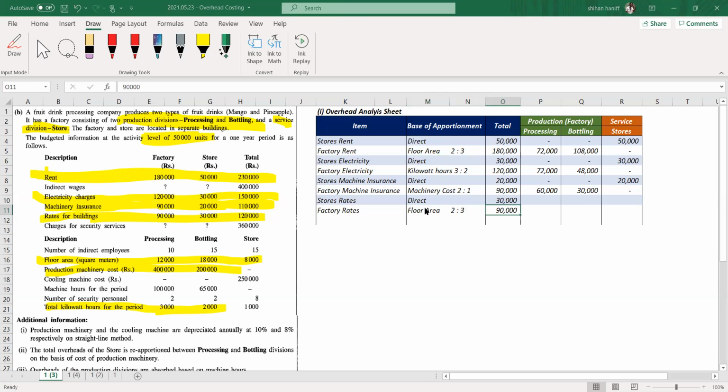So factory rates also use floor area, 2:3. Divide by 5 into 2, and divide by 5 into 3: 36 and 54.